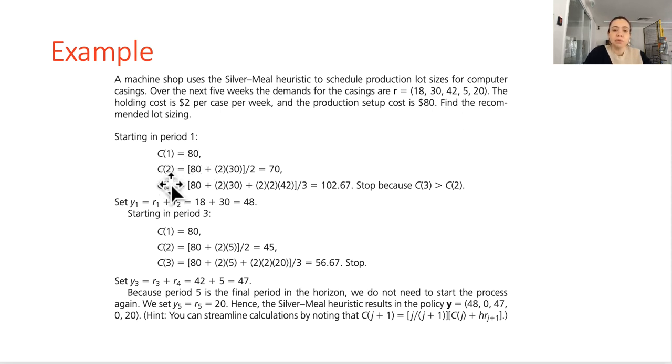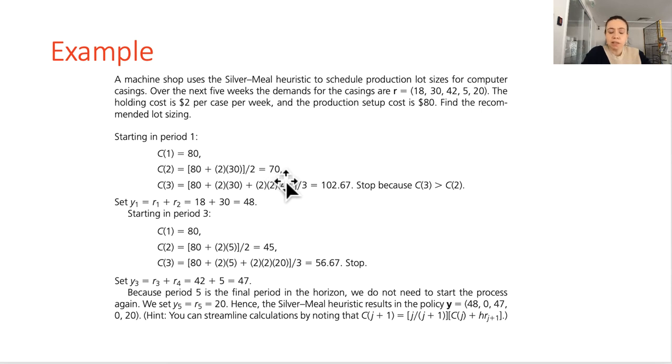And for C2, we assume that we are producing the net requirement of the first period and the second period in the first period. So we have a setup cost, but we also have an inventory holding cost because we carry the inventory of 30 units for 1 week, and we sum the setup and the inventory holding cost, and divide by 2 to find the cost per period. It is 70.